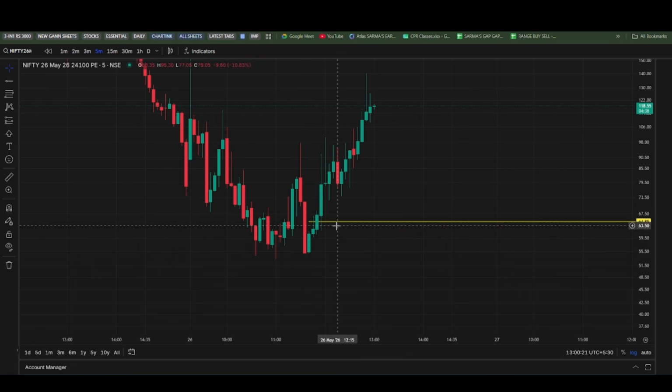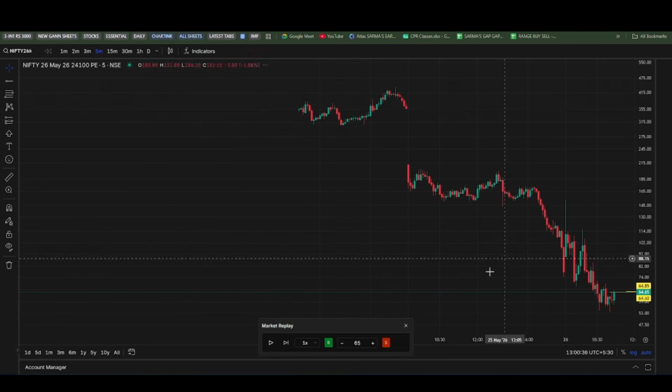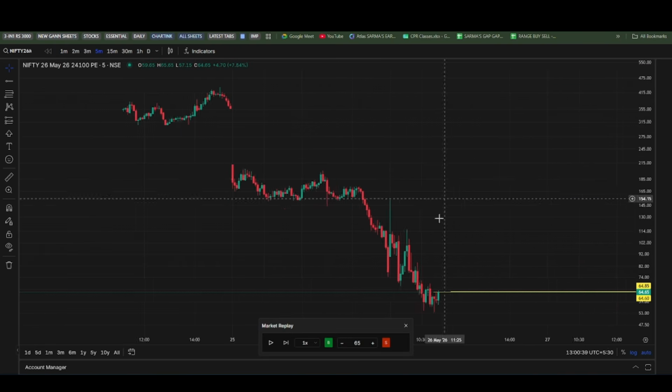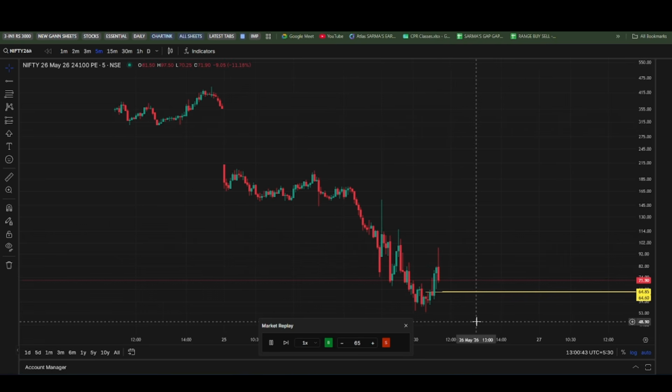From there, let us see our entries here. Okay, we have got the entries over here. From here itself, we got the entry. So let us go back and backtest it. Okay, from here, 11:05. Okay, start. You can see this, how well it went up.